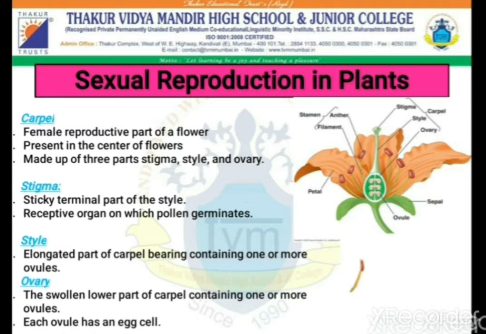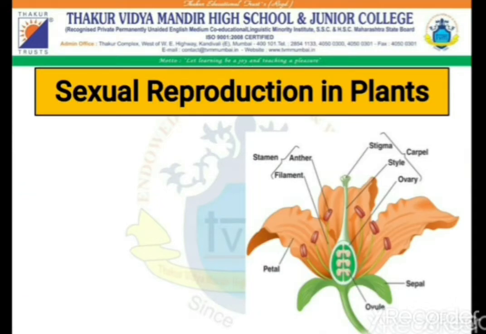This ovary contains ovules which contain the female gametes. So that is about the female reproductive part of the plant. Coming on to the next one, that is the male reproductive part.